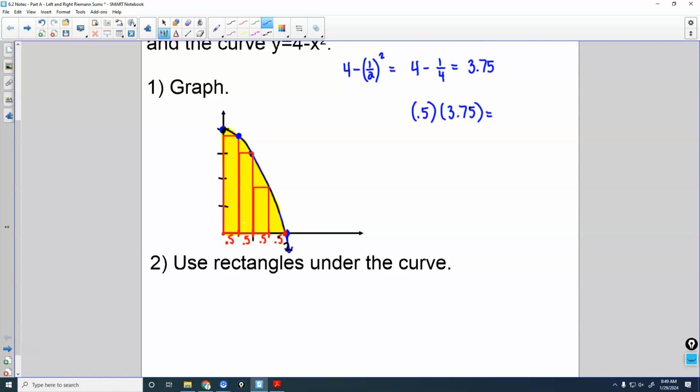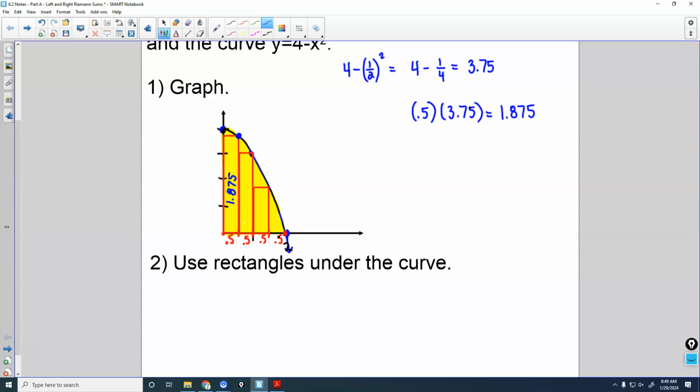So if you're just using your calculator for basic multiplication, addition sort of stuff, you may do that. So we get 1.875. We also could do fractions, so we wouldn't even need the calculator, or you could do it by hand. All right, so this first one is 1.875.